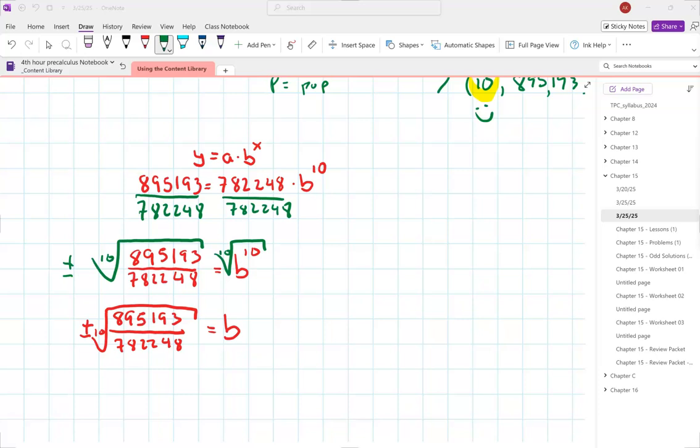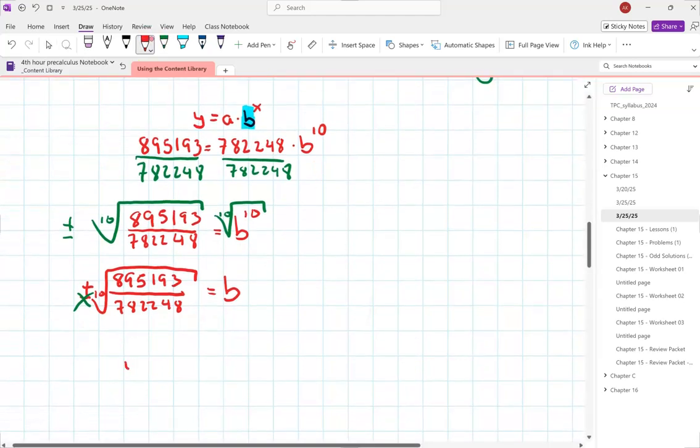But remember, what do we know about the b in our exponential equation? Can that be any value? Oh, what kind of values are restricted? Negatives. So specifically, we can drop the plus or minus there, just the plus.